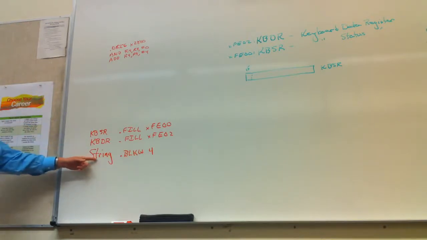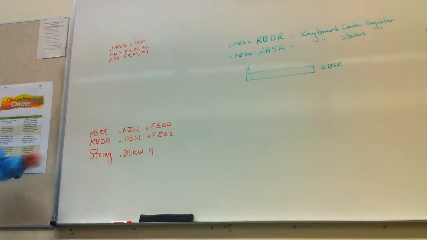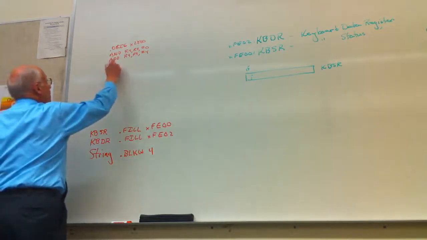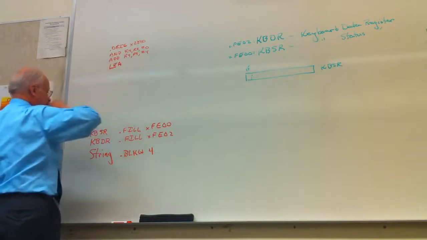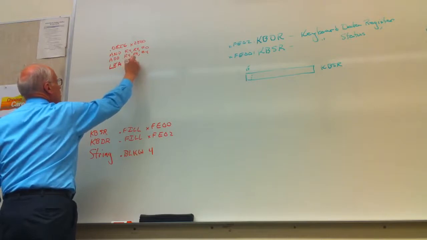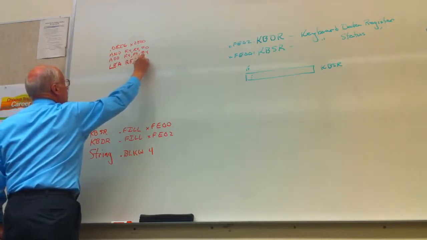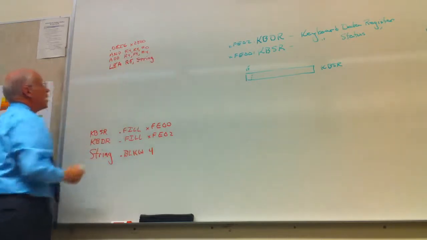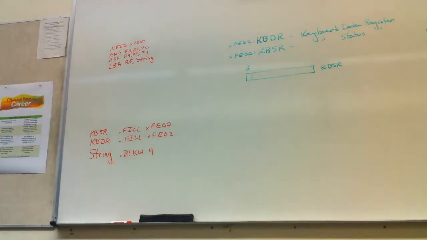In order to work with this thing, I'm going to get the address of that into, let's say, register 5. I'll load the address of my string into register 5. Now, I think I'm all right here to start my loop.